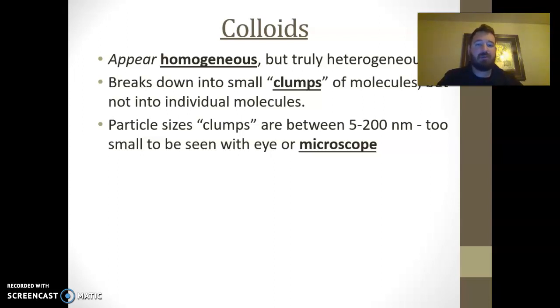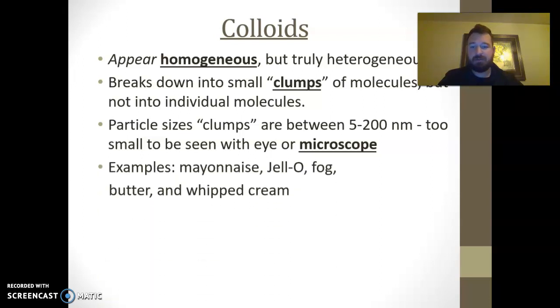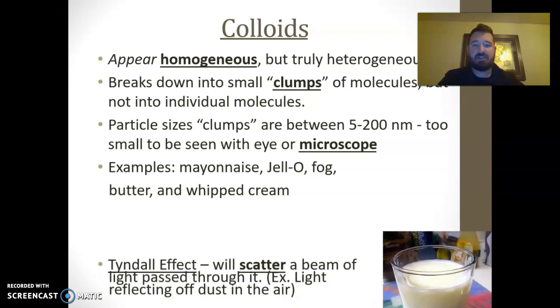But with the microscope you would see in your biology lab, we would not be able to see them. Again, still larger than the solution particles. Some examples of colloids would be mayonnaise, jello, fog when you're outside, butter, and whipped cream. The dust in your living room is an example of a colloid, and we'll show you an example in a second.